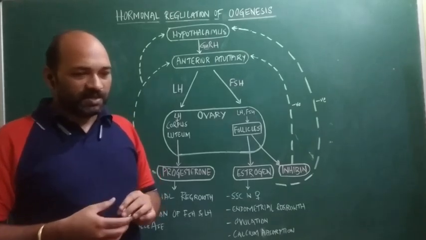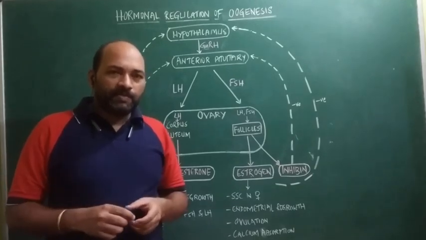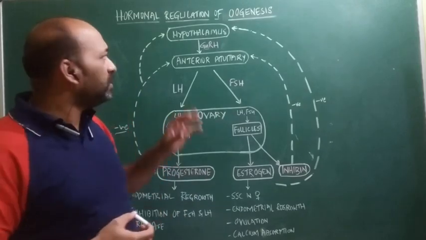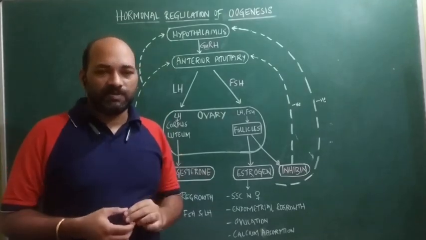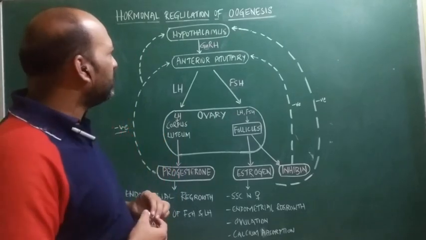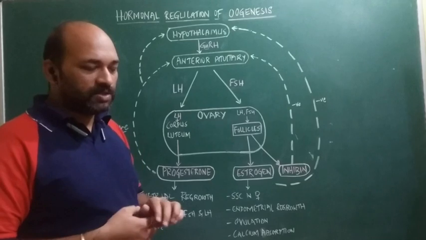In humans, the entire reproductive cycle as well as oogenesis is regulated by these three types of hormones. So let us get into the details of the hormones and the process of regulation of oogenesis.